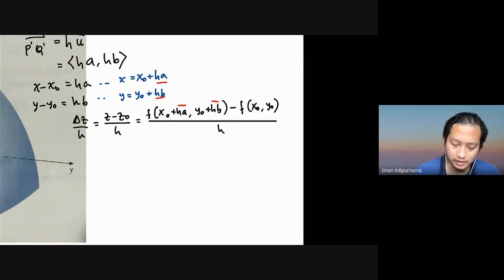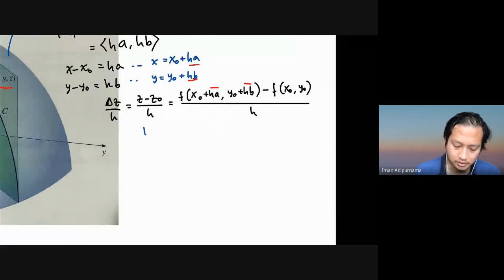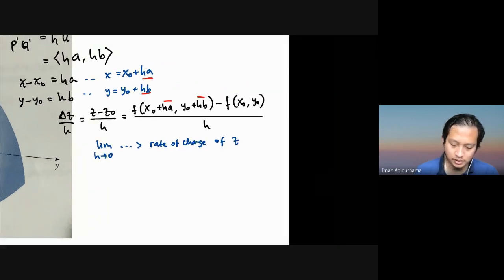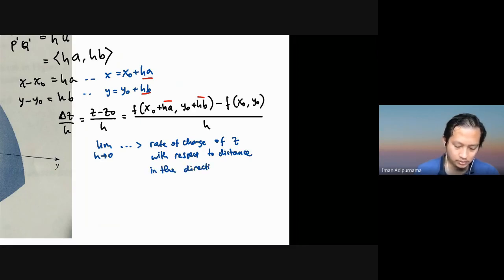And if we take the limit as h goes to 0, we will obtain the rate of change of z with respect to distance in the direction of u.